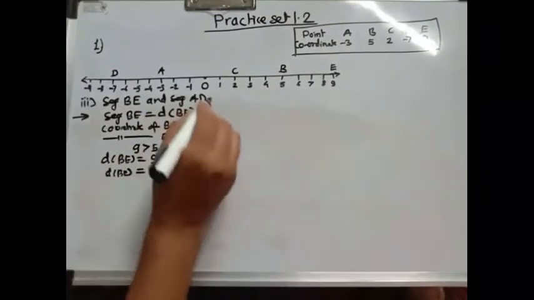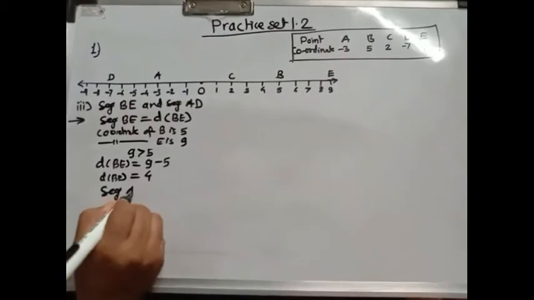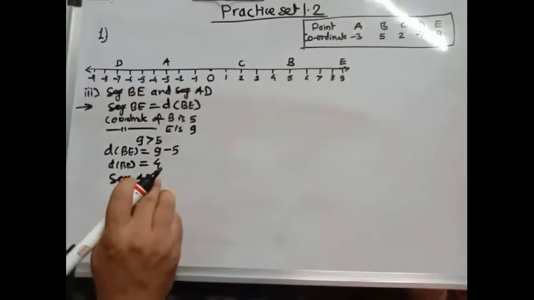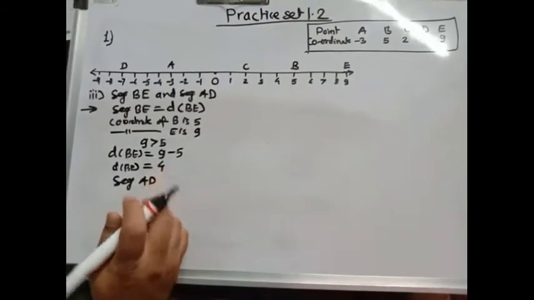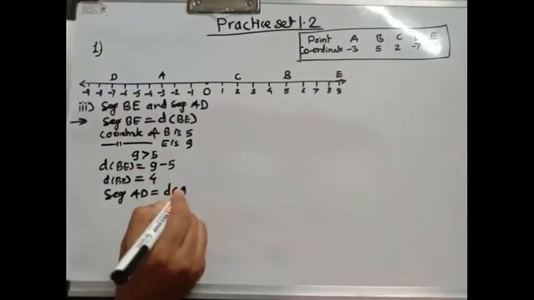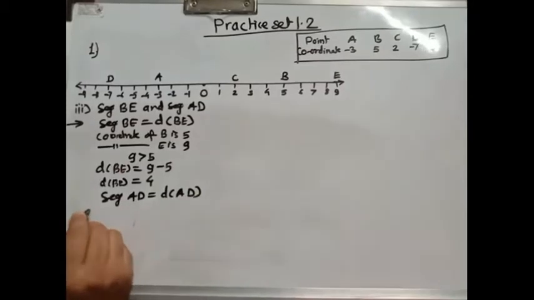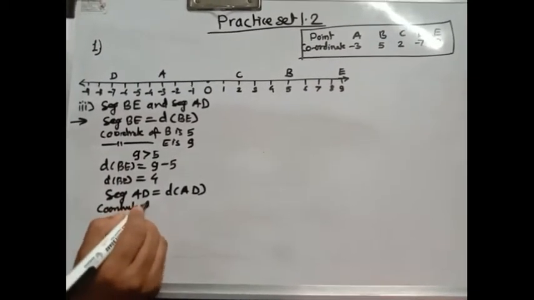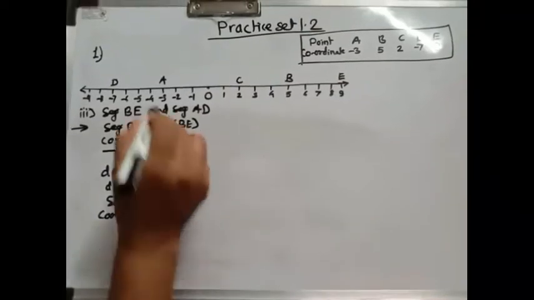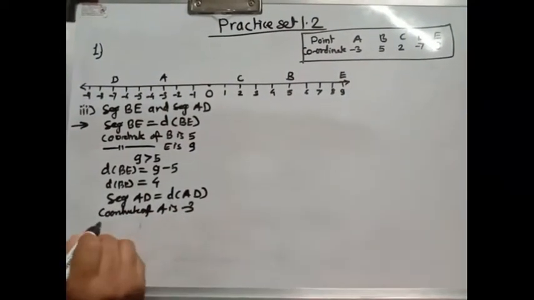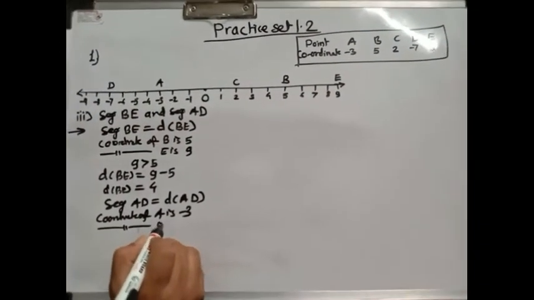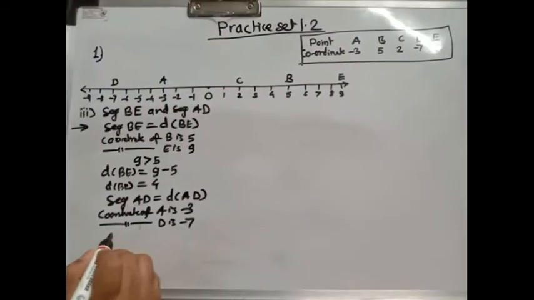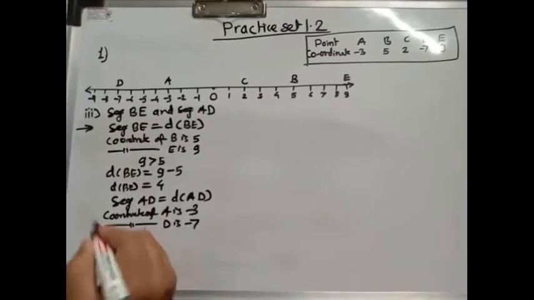Now we want to find out segment AD. Segment AD means the distance of AD. What is the coordinate of A? The coordinate of A is minus 3, and the coordinate of D is minus 7, the same as the earlier problem.